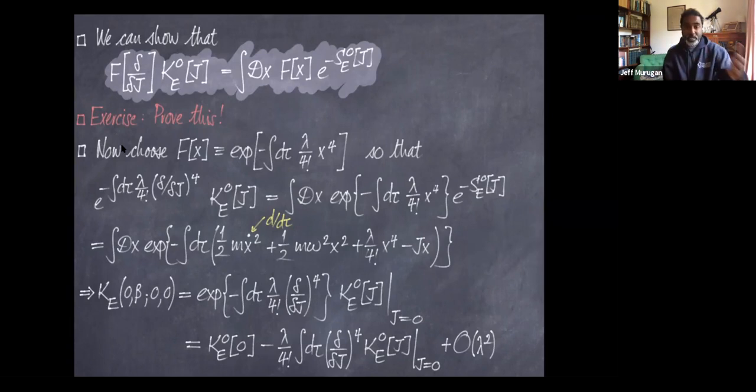So it all comes down to knowing whether we can evaluate the functional K_E^0 of J. Fortunately for us, we can, because as per usual, we would expect that with a quadratic term only, this would be a Gaussian or some variant of a Gaussian that comes from shifting, for example, which we can figure out by completing the square. Any questions?